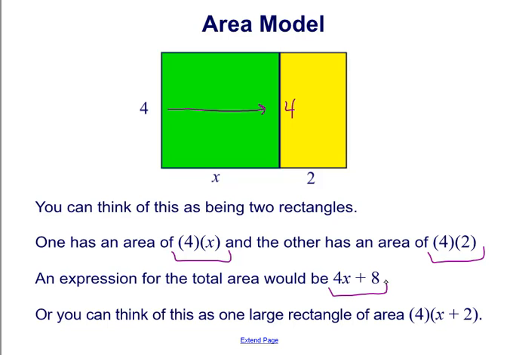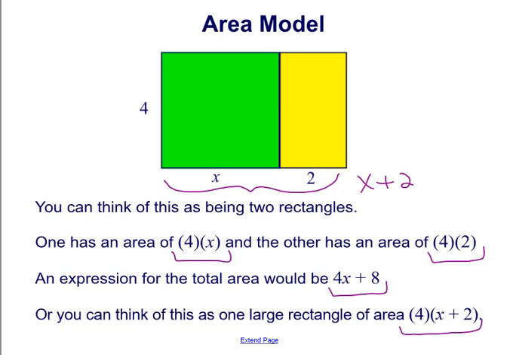But instead of thinking of this rectangle as two different rectangles, a green rectangle and a yellow rectangle, we can also think of this as one large rectangle where we would have a width of 4 and a length of this entire side being the expression x plus 2. So that area, length times width, would be 4 times x plus 2.